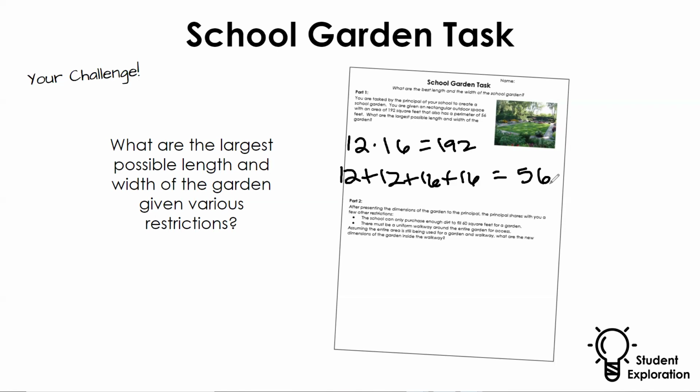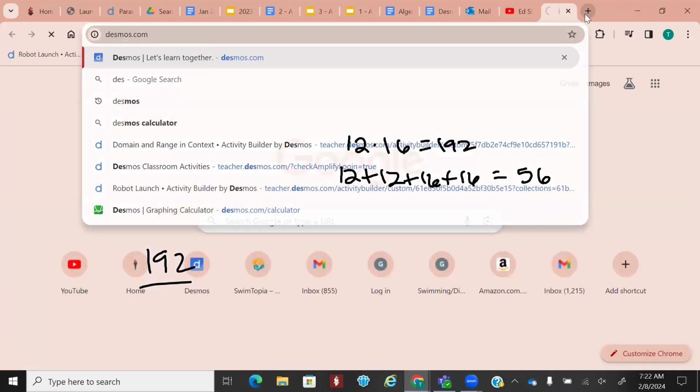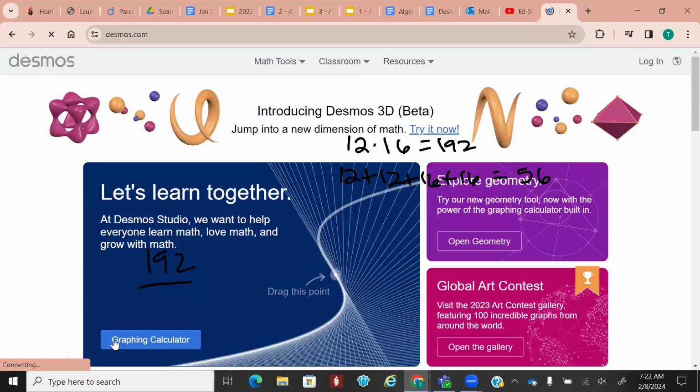Okay, so you said 192, what are factors, right? Okay, another way you probably could have done this. I'm a big fan of Desmos because it does all my work for me.